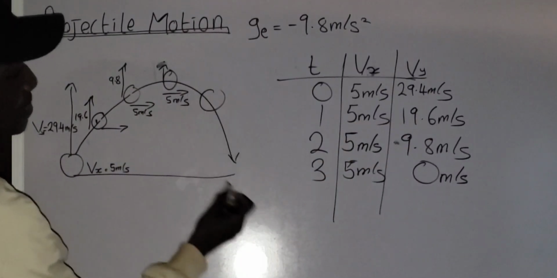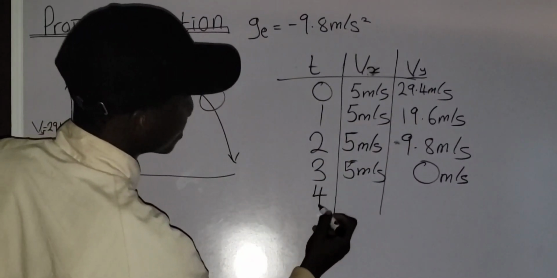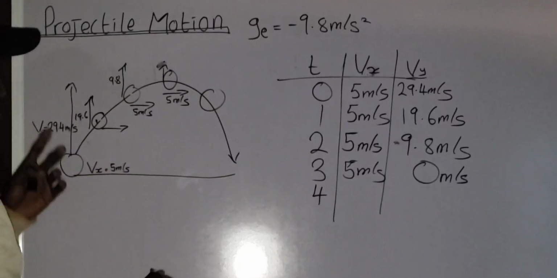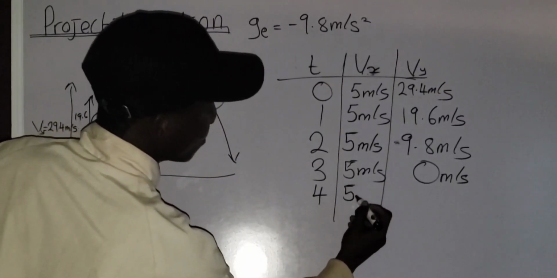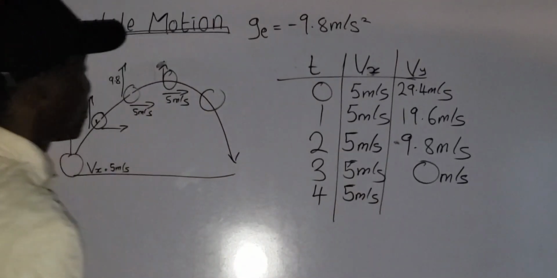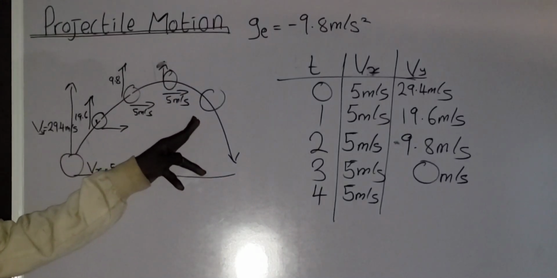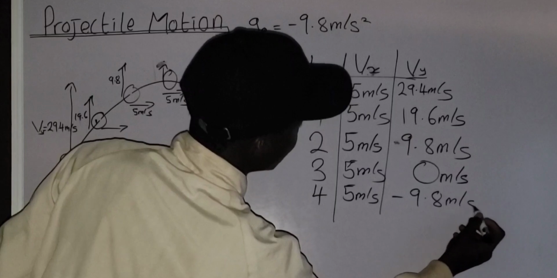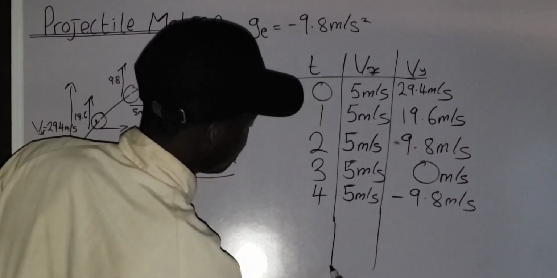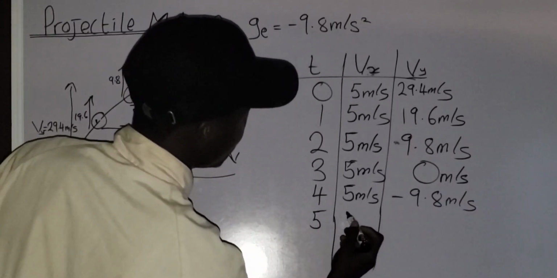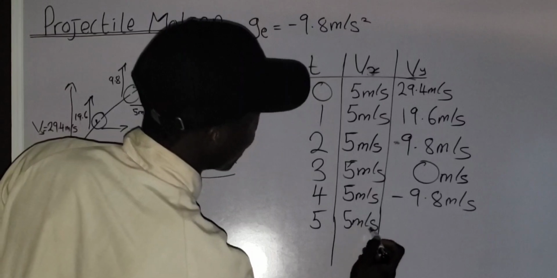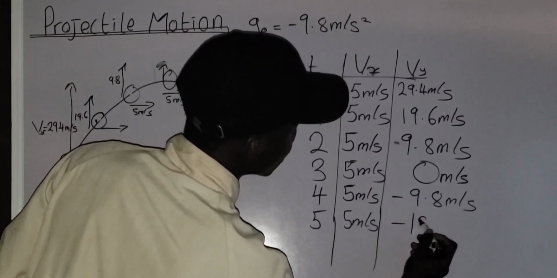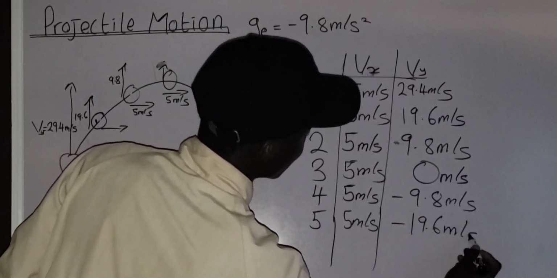Now, for the 4 seconds, the velocity will still remain the same along the horizontal axis. So the velocity along the vertical axis is minus 9.8 meters per second. For the 5th second, the velocity will still remain the same along the horizontal axis, and the velocity here will be minus 19.6 meters per second.